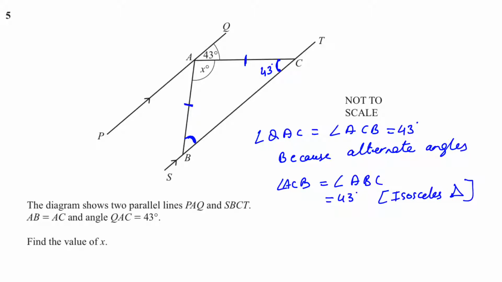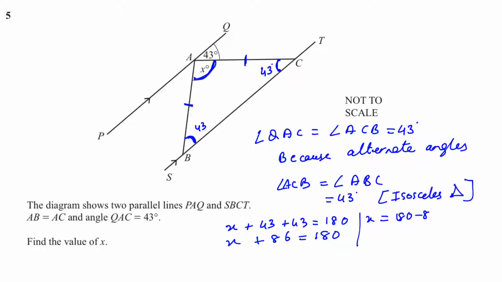And then to find x, using the angle sum property of a triangle, we know that x plus 43, and we found this is also 43, is equal to 180. Therefore, x plus 86 is equal to 180, and x is equal to 180 minus 86. This will give us 94 degrees. So that is the value of x.